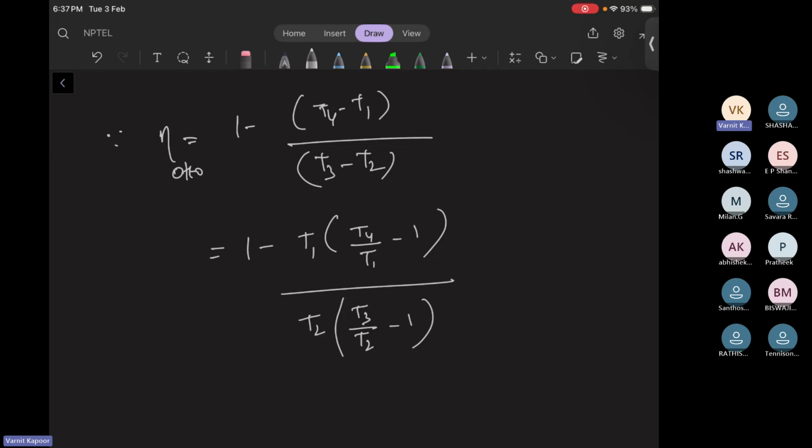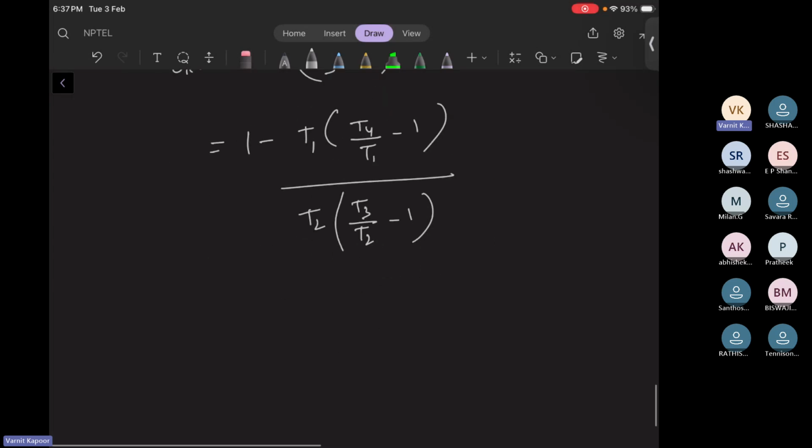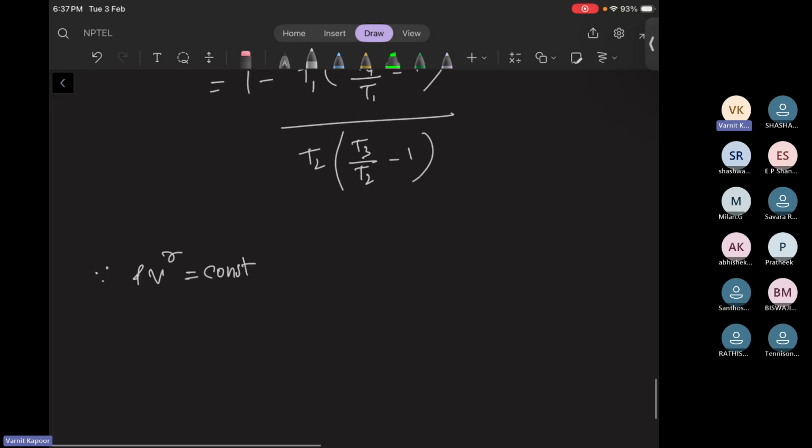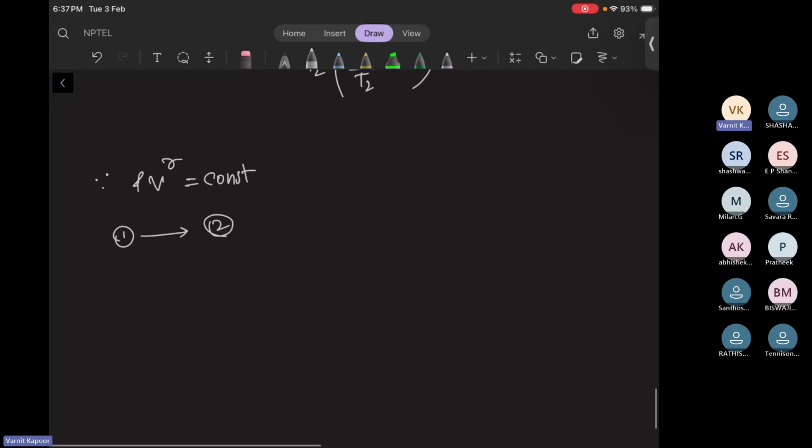So 1 to 2 is your isentropic compression process. So we can apply the formula for the gas, PV raised to the power of gamma is equal to constant for an isentropic process. So from the 1 to 2 process, we know the ratio T2 by T1. We have seen this in thermodynamics, and those who have not seen it can check out my thermodynamics tutorials in my playlist on my YouTube channel.